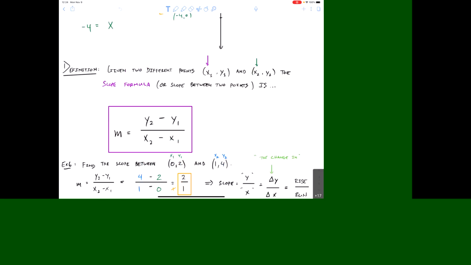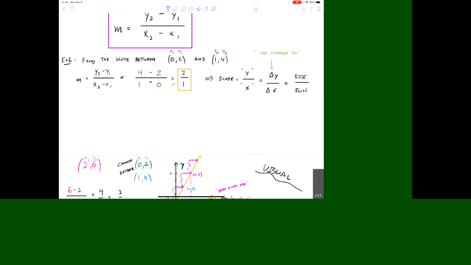And again, the purpose for the slope is to show you the progression, if you will, of the line, in terms of its steepness, how high it's rising and changing, and the rise over run, as you've seen here in the previous one.